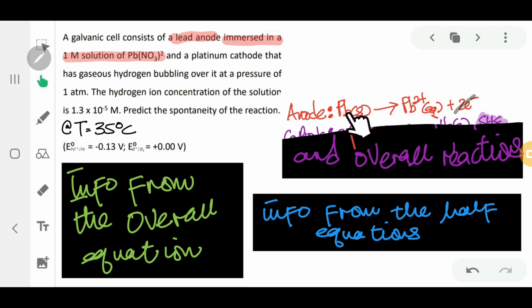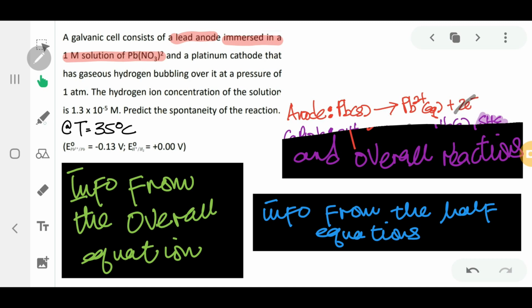So you have lead, Pb, solid. The lead solid, which is the electrode, will be losing electrons, because the anode is oxidation. Oxidation is losing of electrons right here. Remember, red cat, oil rig.